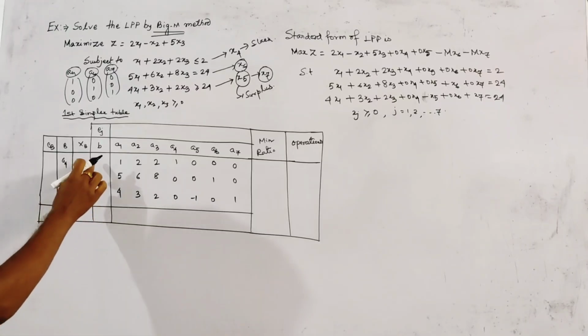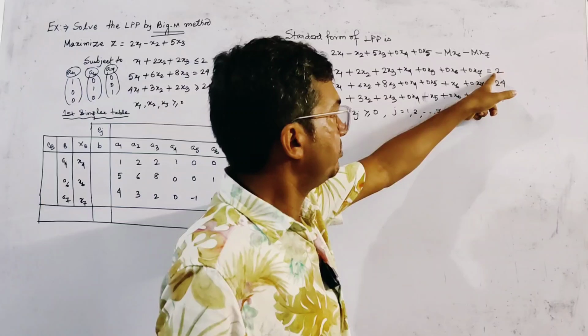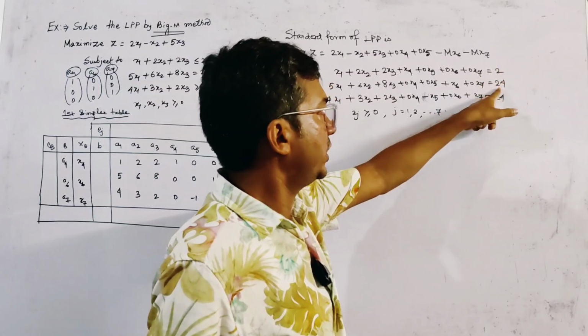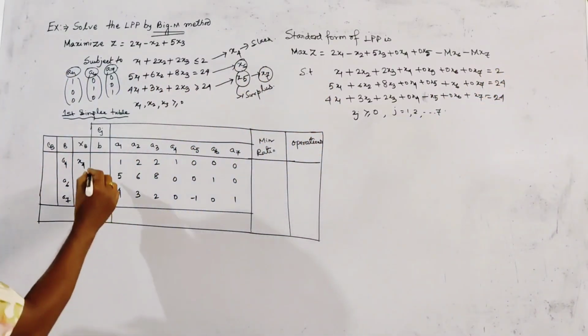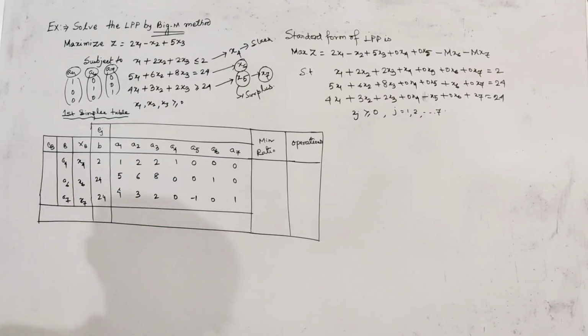Now we put the values of b, given by the right side column: 2, 24 and 24.